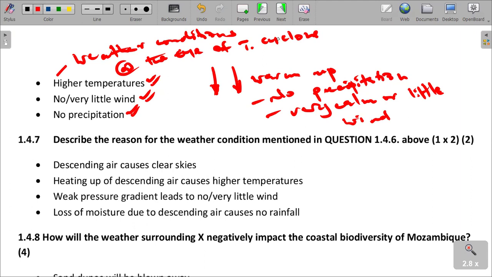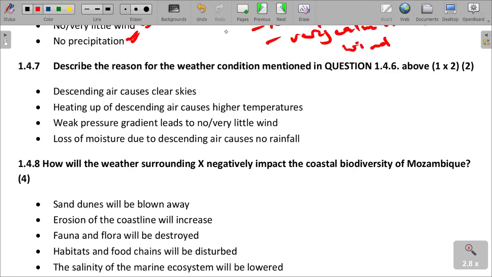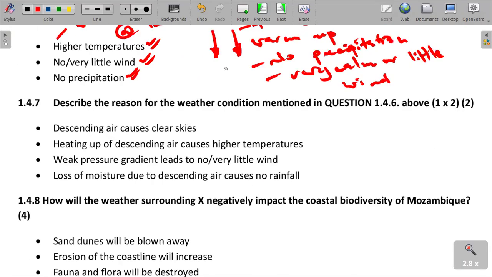We know that there is no rainfall. Like I said, these arrows are showing falling winds that are going to warm up as they fall. I'm sure you can look again at our previous presentations to understand this. Describe the reason for the weather conditions that are there.